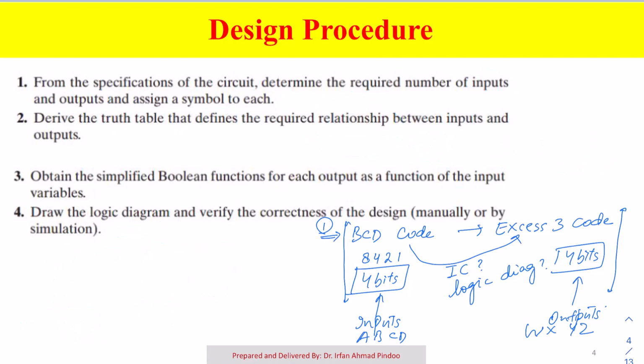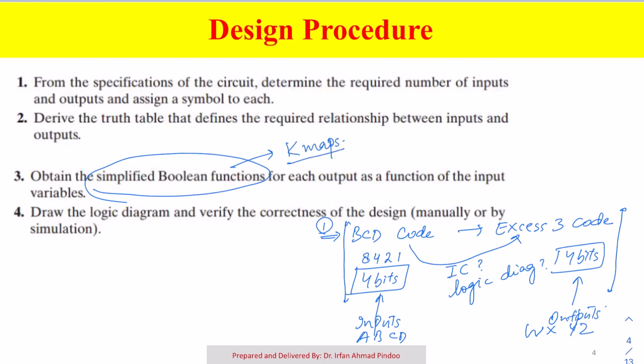Now we come to step number 3. Obtain the simplified Boolean function for each output as a function of the input variables. Once our truth table is complete for all the combinations, what we have to do is simplify the Boolean functions. For simplification, we can use K-maps as the best method.